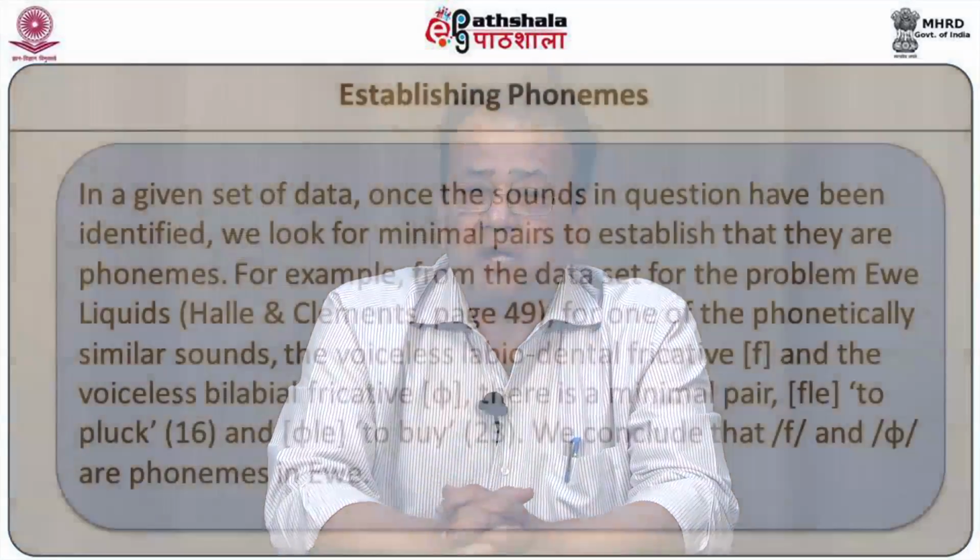Now these 2 sounds are phonetically similar because one is a bilabial voiceless plosive and the other is a labiodental voiceless fricative. It is quite likely that they are allophones of a phoneme, but it is also equally likely that they are phonemes, and so we look first for minimal pairs, and we actually find the minimal pairs.